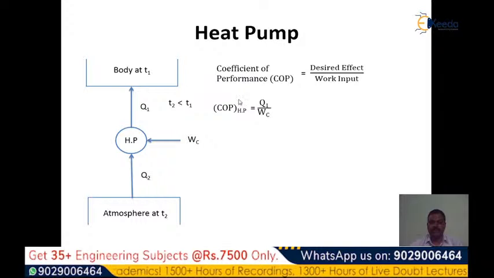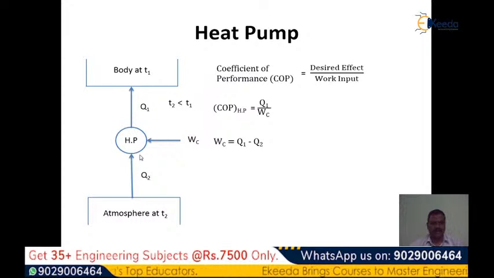So that is what exactly the desired effect means. This COP of the heat pump will be Q1 divided by WC, and as usual WC is Q1 minus Q2. This is obtained by applying the heat balance at this heat pump.